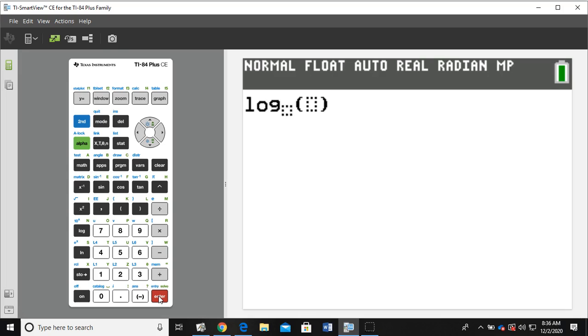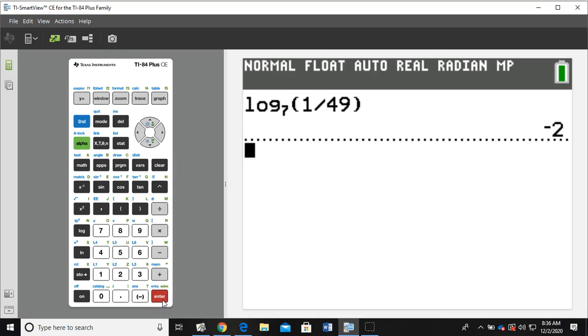All right. What was my base? 7. What were we taking the log base 7 of? 1 over 49. And then you hit enter, and you get -2.